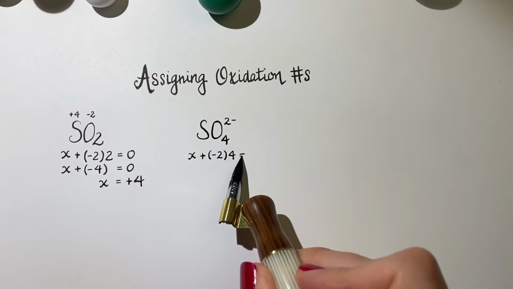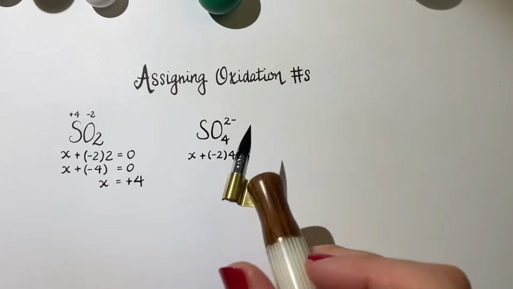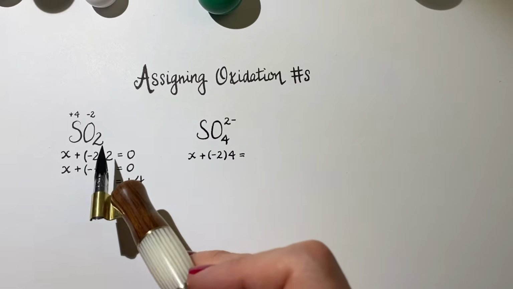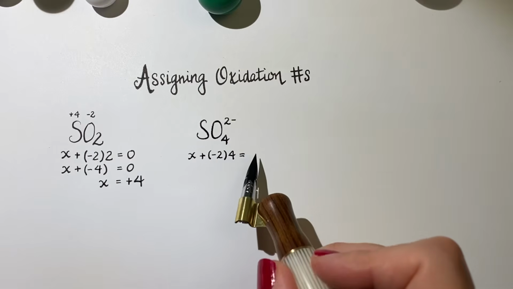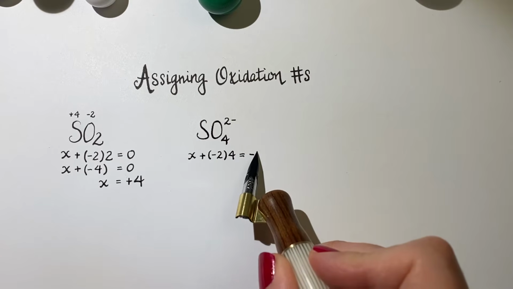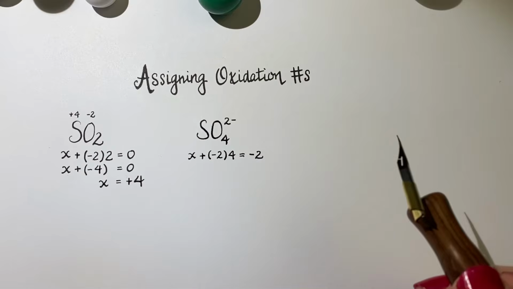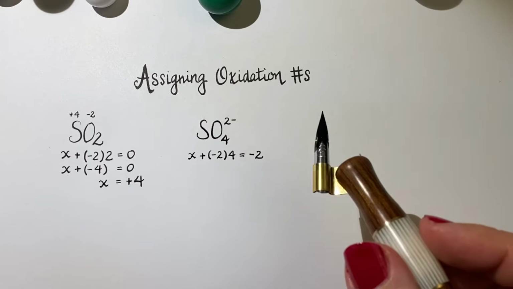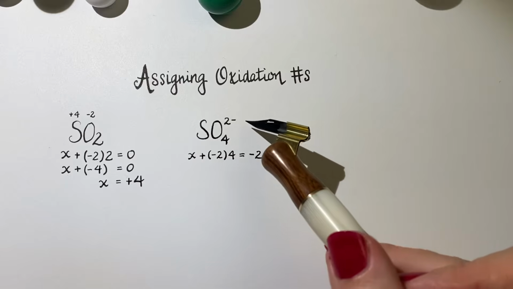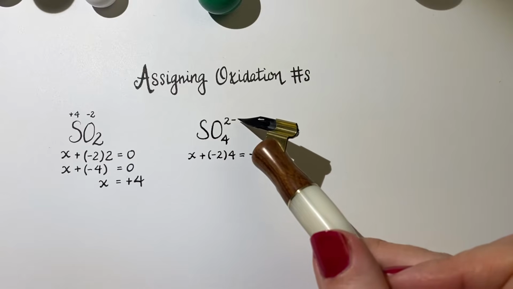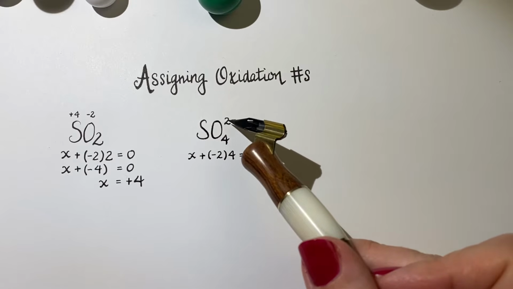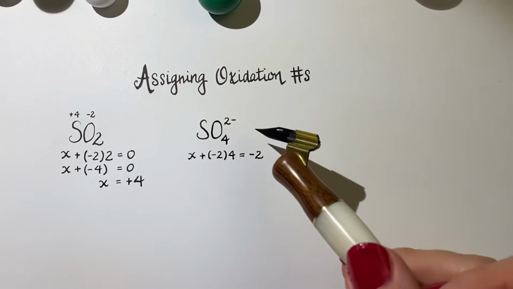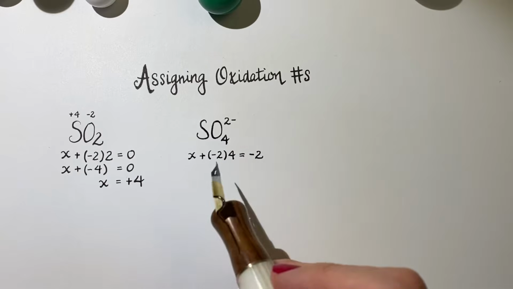And these will add up to give not 0, because it's not a neutral molecule, but instead it's an ion. So this adds up to equal -2. By the way, if you're wondering why I wrote 2 minus instead of -2, that's just an alternate convention. So I could have written -2 there. It would be the same thing.